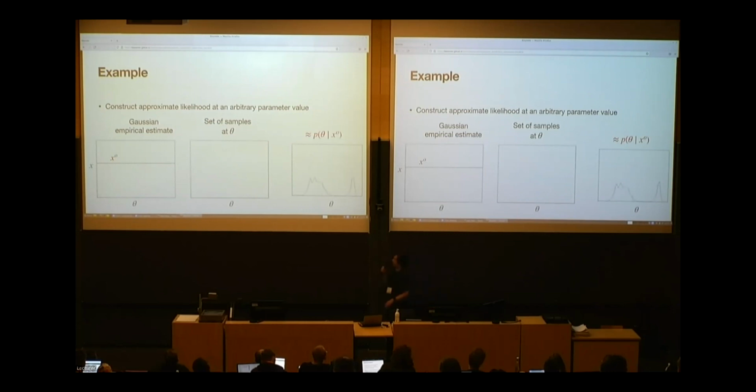When you evaluate the Gaussian empirical estimate at the observed value, you get an estimate of the likelihood function. And obviously with that likelihood function, you can use any of the traditional sampling methods. So you can throw that synthetic likelihood at MCMC. For each of the proposals, you construct a synthetic likelihood, and then you can calculate the acceptance probability at that point.